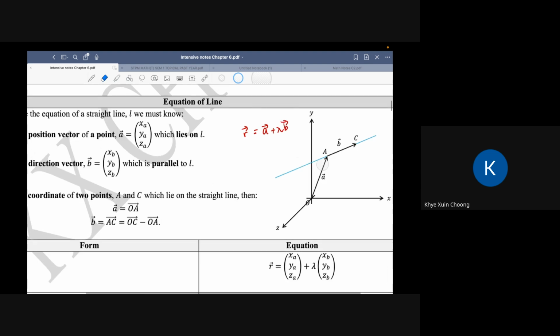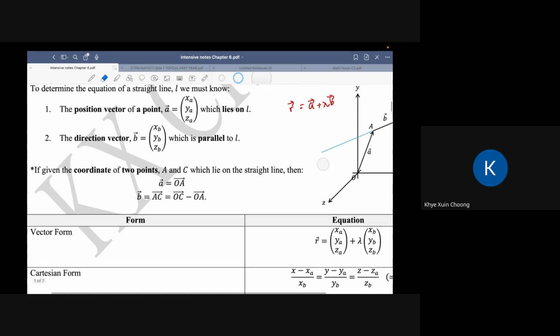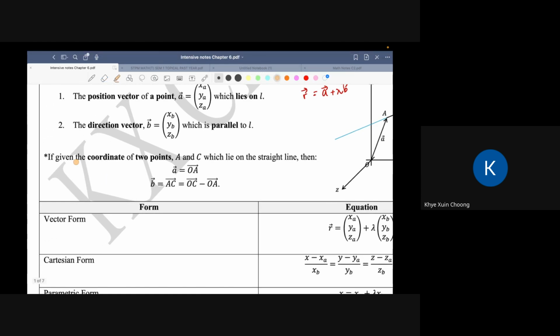Sometimes they didn't give you the direction vector. What they can do is give you the coordinates of two points, let's say A and C, which lie on the straight line.